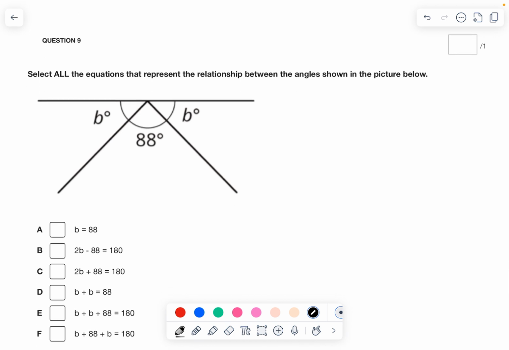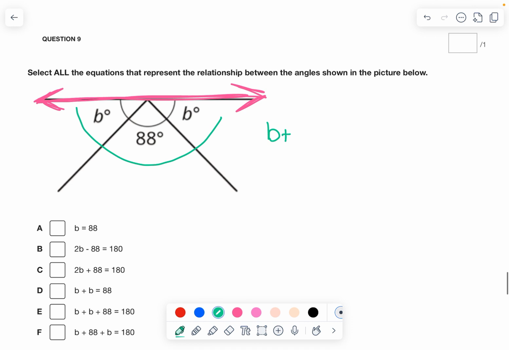Select all the equations that represent the relationship between the angles shown in the picture below. So I have 2 B's here, and then I have a straight line. So all these angles combined here, B plus 88 plus B, have to equal 180 degrees.